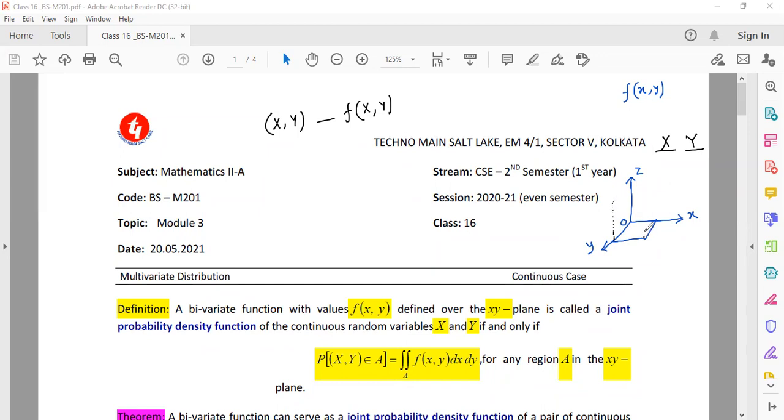This structure may be a cube, maybe a cylinder, maybe a cone, anything. You are going to get a structure whose base contains the pair of variables capital X and capital Y, which is the domain. For infinitely many pairs like this, we are going to get a structure like this.